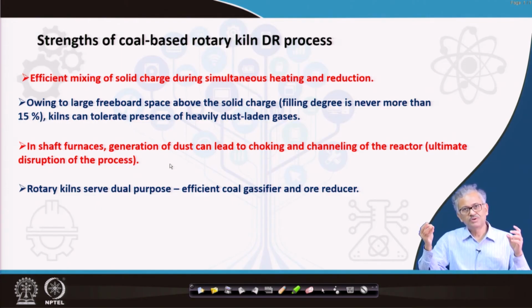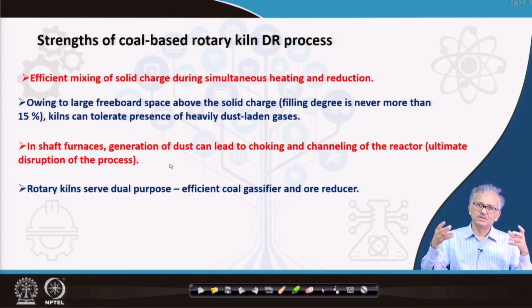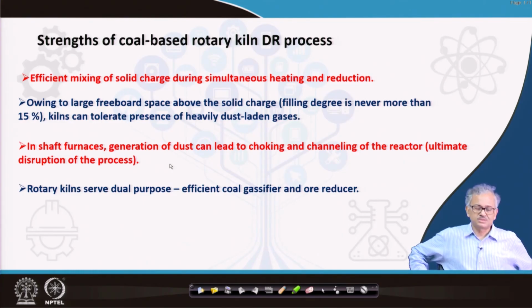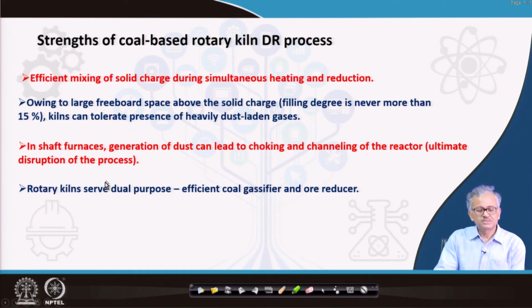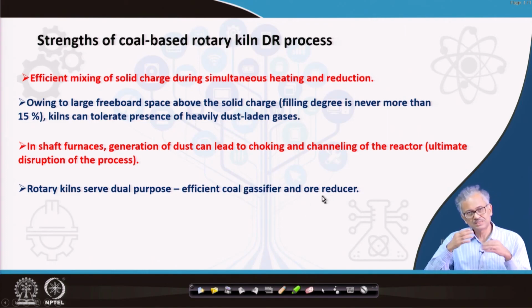The heat generation by non-coking coal itself cannot be done in the shaft furnace. Only in the rotary kiln can you generate heat from a low grade, inferior grade of coal and use that coal as a reductant both, because the reactor can handle a large amount of dust laden gas. That's why the rotary kiln reactor is good for the coal based process.